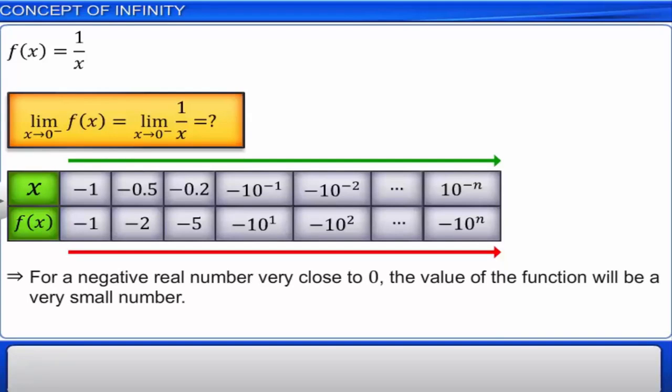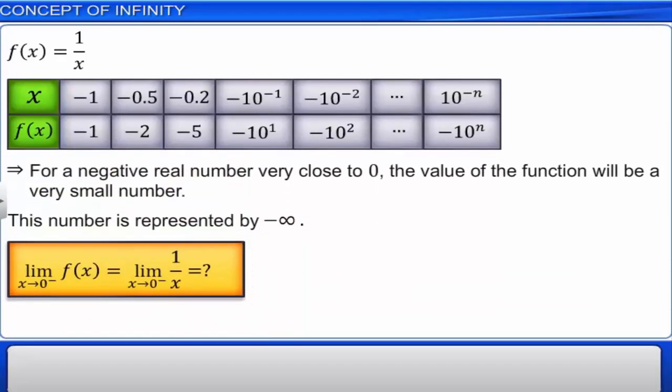This number is smaller than any given real number, which is represented as shown and read as minus infinity. Therefore, the left-hand limit of the function as x approaches 0 is equal to minus infinity.